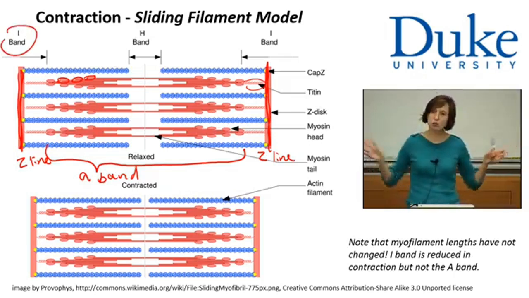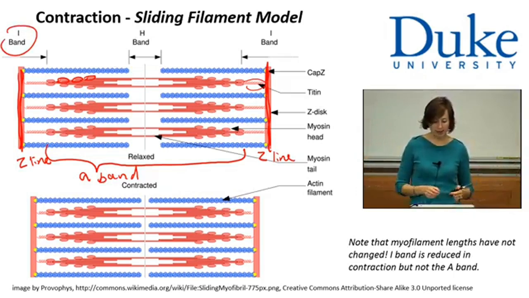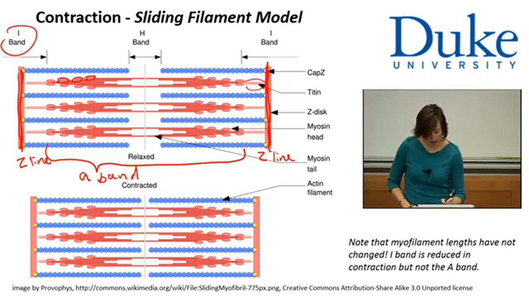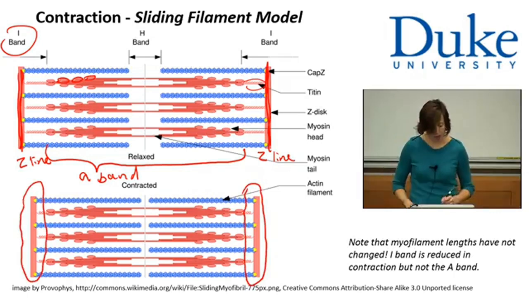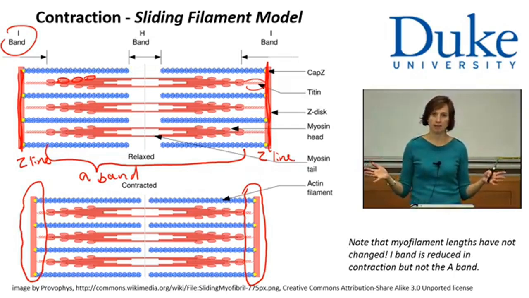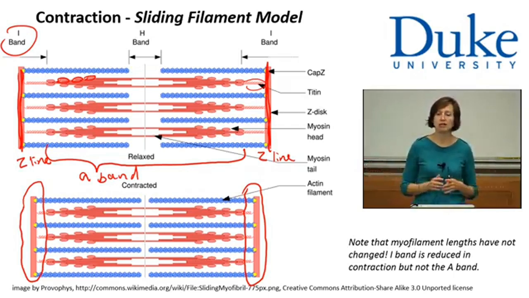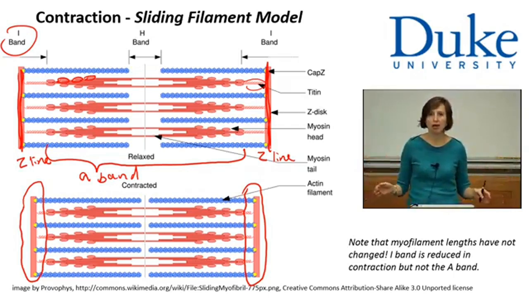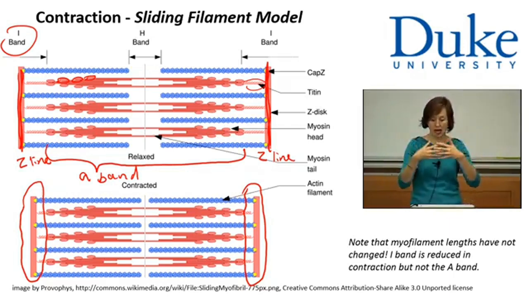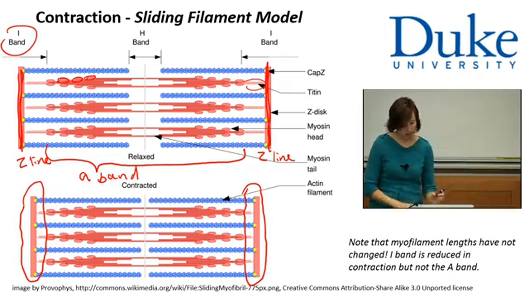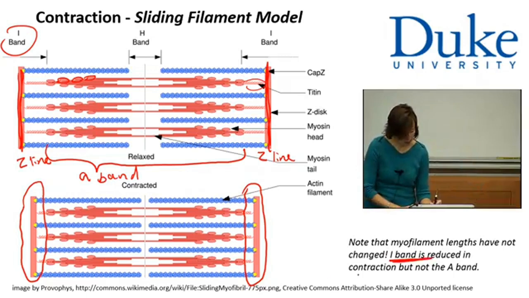As myosin walks towards the Z lines, that is going to shorten the I band as contraction occurs. However, the A band stays the same width because myosin is not changing in length. What's changing is the amount of actin that is alone, because the myosin and actin are becoming more interdigitated, and so it's the I band that is reduced in width during contraction.